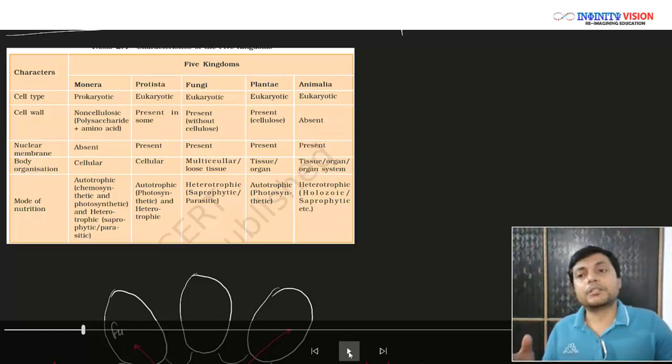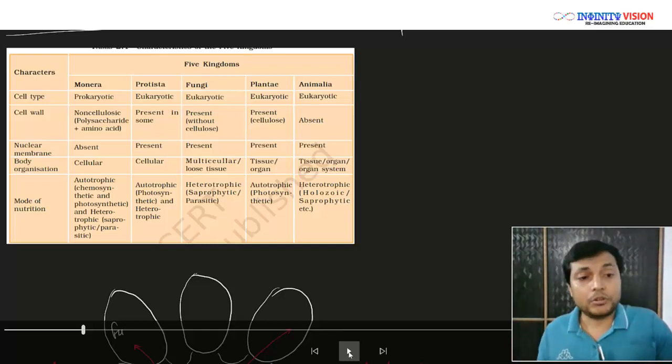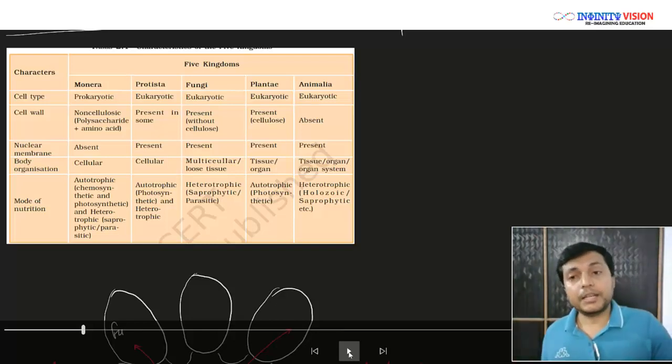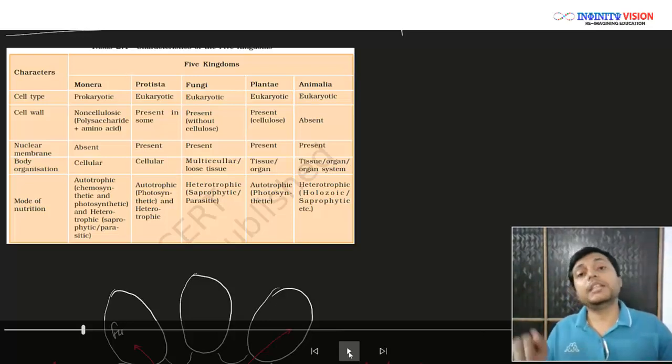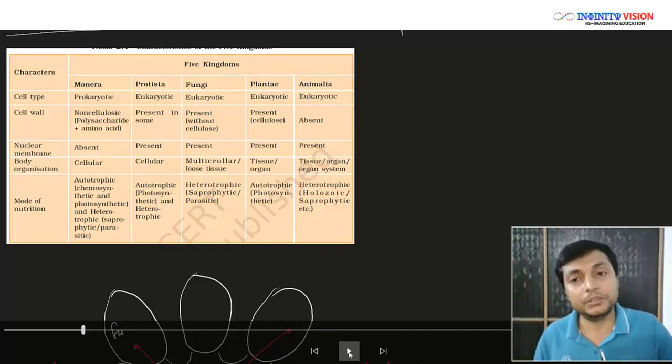Particularly when we will be discussing about Monera, I will talk about the photoautotroph, chemoautotroph, lithotrophs, and so on. Great. When we are talking about fungi, fungi have heterotrophic and saprotrophic or parasitic mode of nutrition. So they have heterotrophic, and within heterotrophic they have saprotrophic or parasitic type of nutrition.